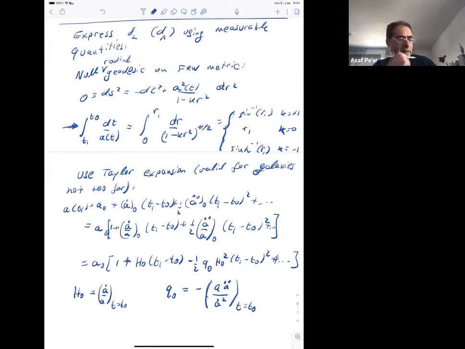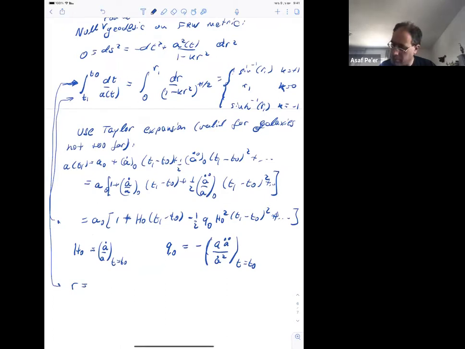On the right-hand side, for R which is not too big, we can simply stick with an R, because 1 over sine would give us an R. So using this here, this equation will lead us to R is equal to 1 over A0 times (T0 minus T1) plus 1/2 H0 (T0 minus T1) squared plus blah, blah, blah.